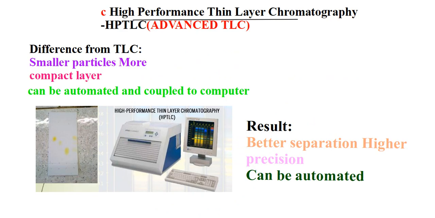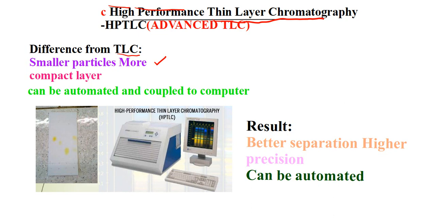Now today we are advancing from thin layer chromatography. Now we are going into high performance thin layer chromatography. What is this about? It's different from just thin layer chromatography in that it uses smaller particles and it's more compact.